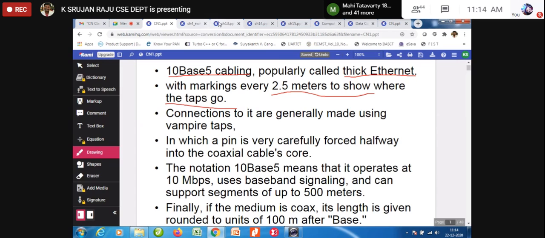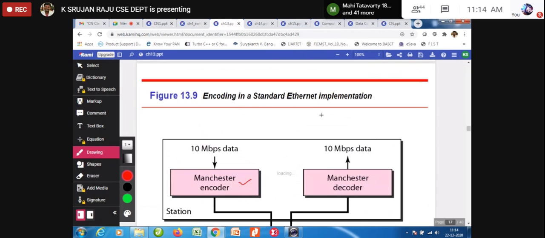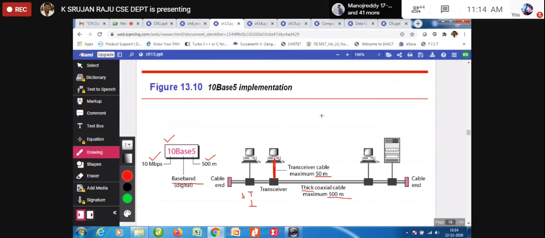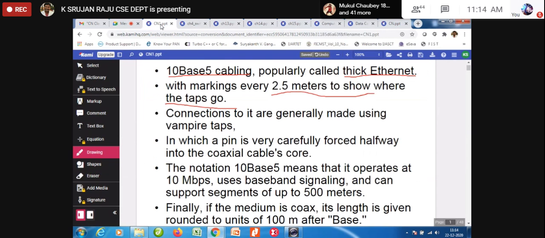Here I have shown thick Ethernet, a thick coaxial cable which cannot be bent, and every 2.5 meters it shows where the tap should go. Connections to it are generally made using vampire taps.